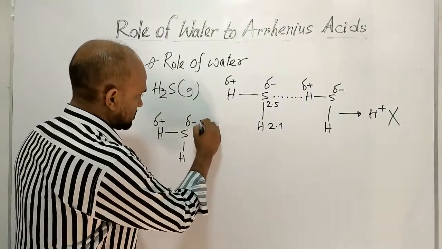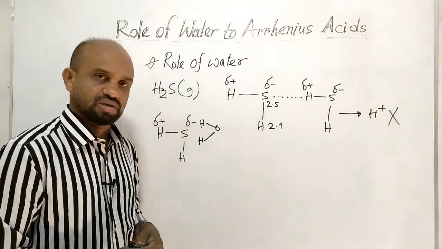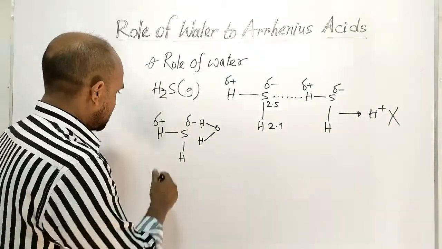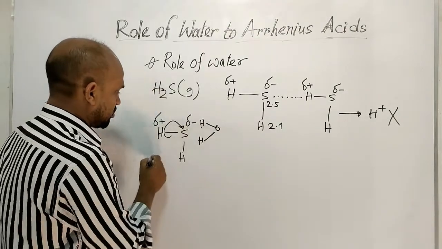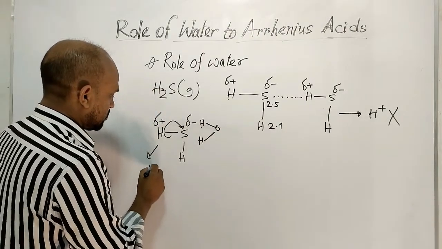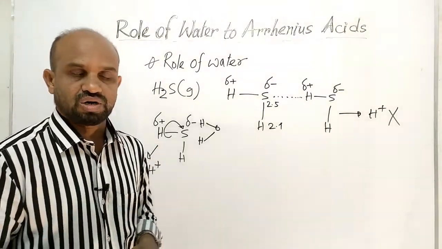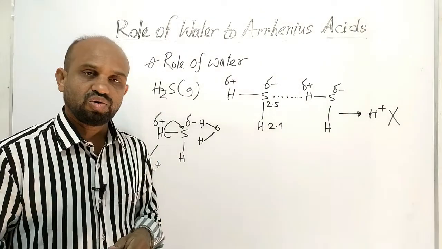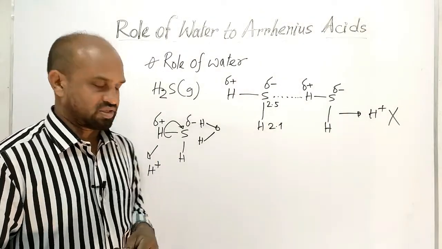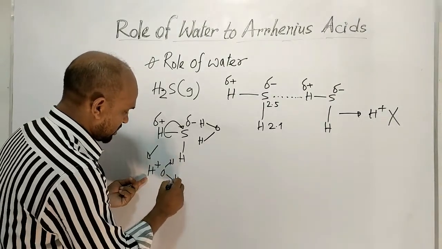Nevertheless, this is attacked by water molecule with its negative end, and as a result one bond undergoes heterolytic fission and proton is formed. Both the bonds do not undergo heterolytic fission because of its low electronegativity difference, and it is surrounded by water molecule.